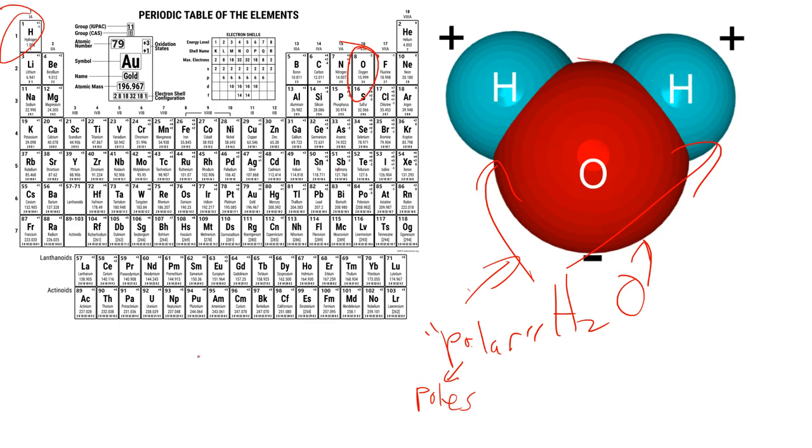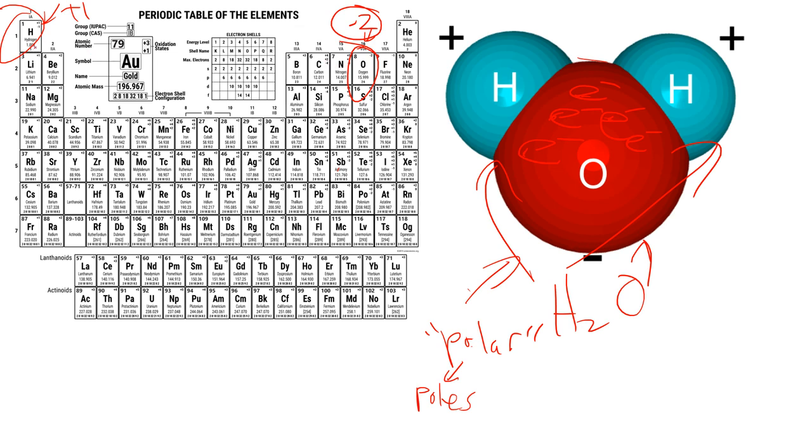Remember when we talked about how elements in this area tend to have a +1, and elements in this area tend to have a -2, and that's because oxygen tends to hog electrons, and that's why it gets a negative charge. Now this is not an ionic molecule, so oxygen doesn't take the electrons from hydrogen, but the electrons tend to be near oxygen, because the oxygen nucleus has a greater attraction to electrons than the hydrogen one.